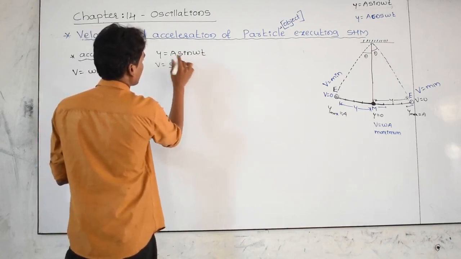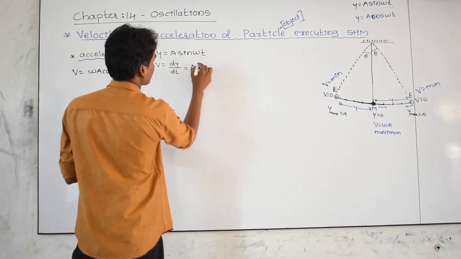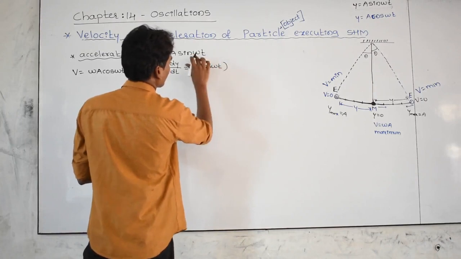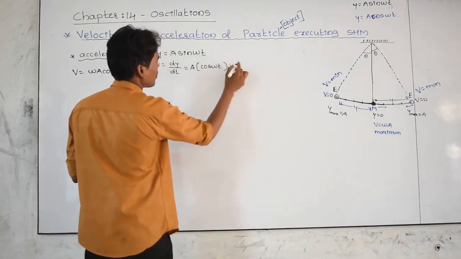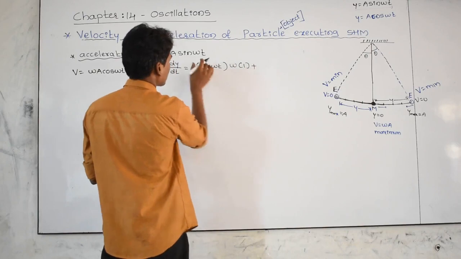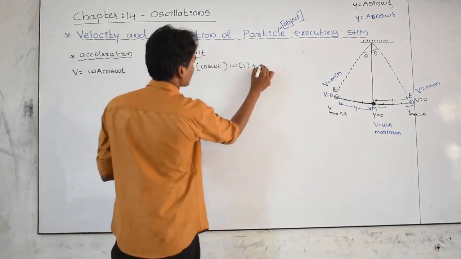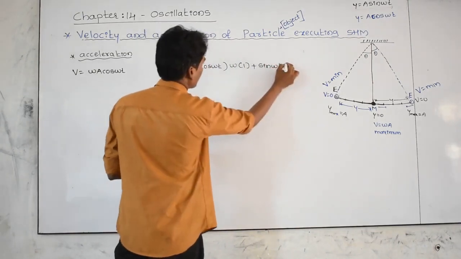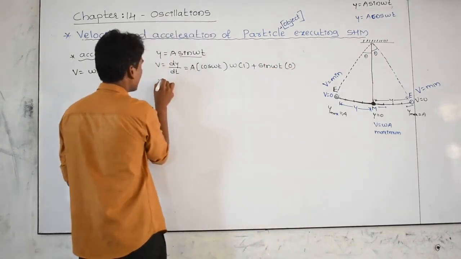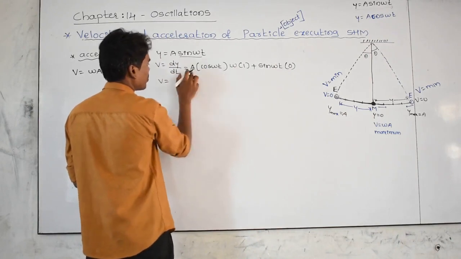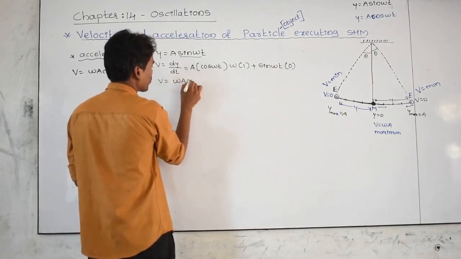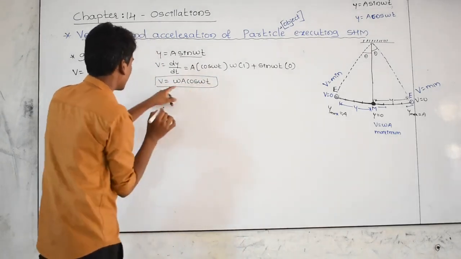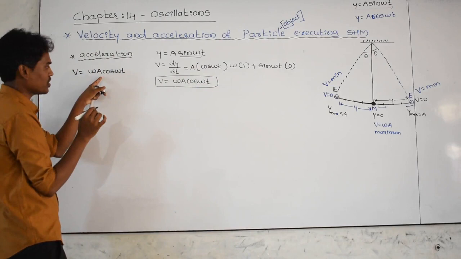This is equal to a as it is, differentiate sin to get cos omega t, and the differentiation of omega t is omega, plus keep this function as it is, sin omega t, and the differentiation of a is 0. Then you get v is equal to omega a cos omega t. Yes, this is the velocity formula I have taken here. This is velocity.